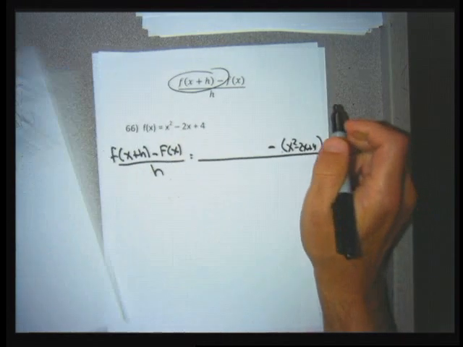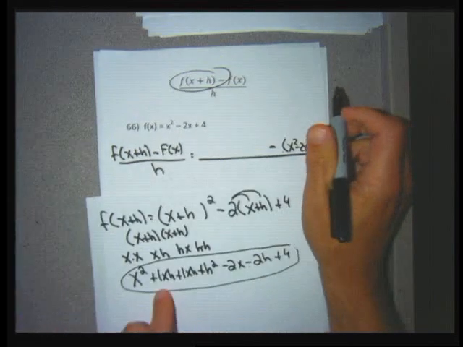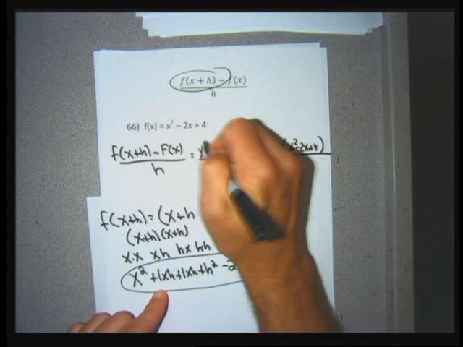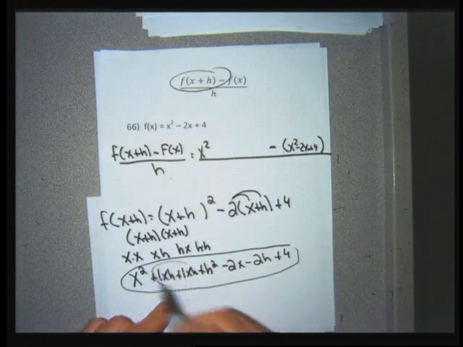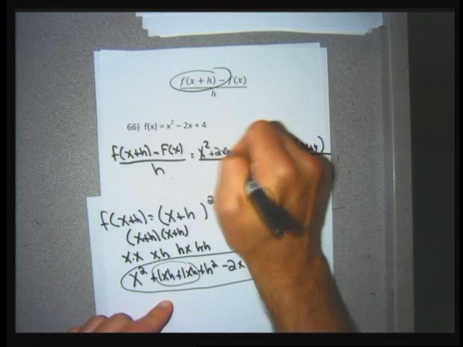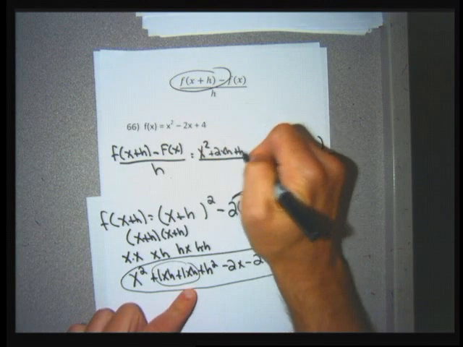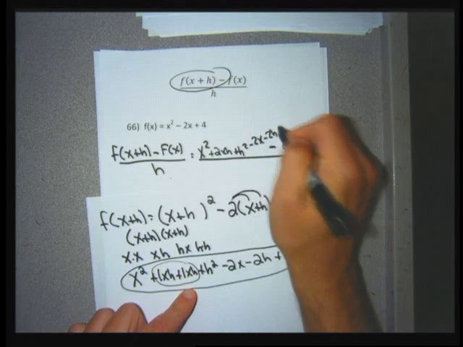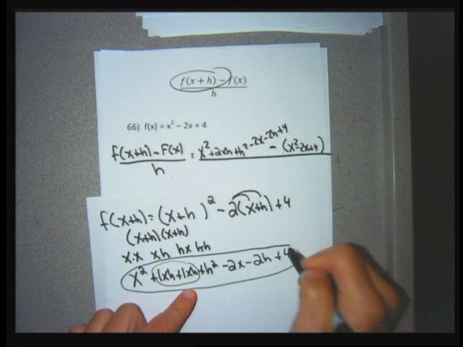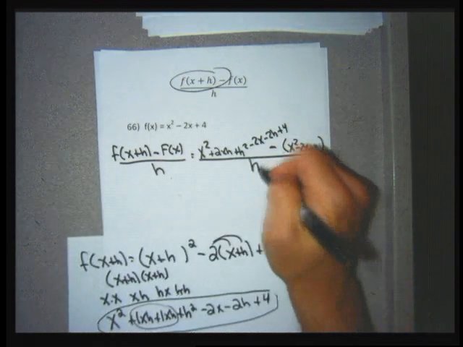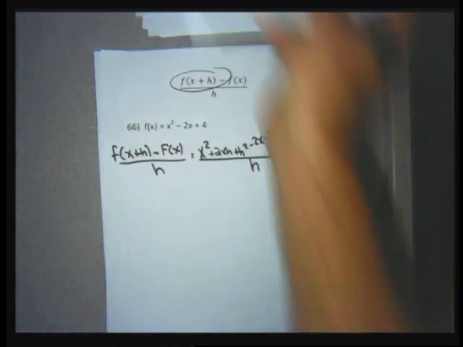Before the minus sign, I need this whole horrible thing, this x squared, I can combine these at least to 2xh plus 2xh plus h squared minus 2x minus 2h plus 4. So that's how I get rid of the f's in the numerator. The denominator doesn't have an f, so I don't have to worry about getting rid of it.